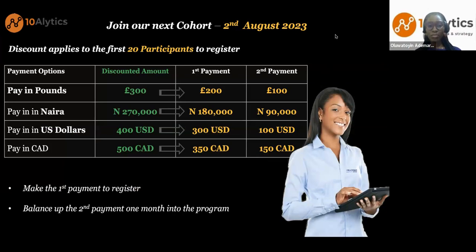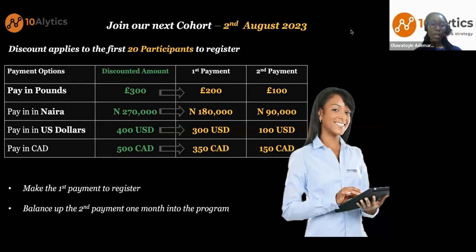In Naira, that is 270,000 Naira, as opposed to the original price of 320,000 Naira. You can also pay in 2 installments. The first one, you pay £200, and then the second installment, after 1 month of being in the program, you pay £100.